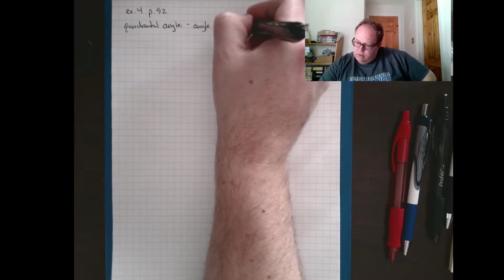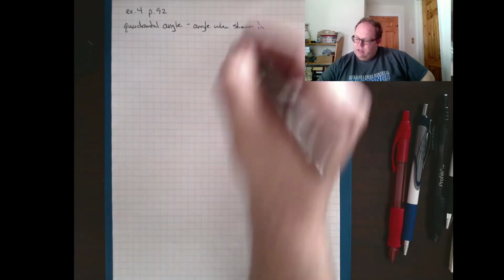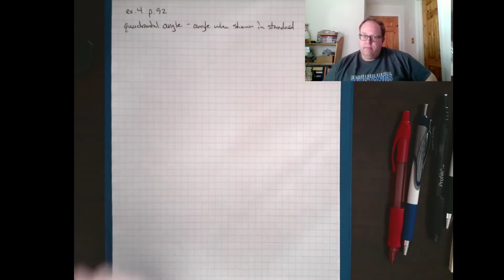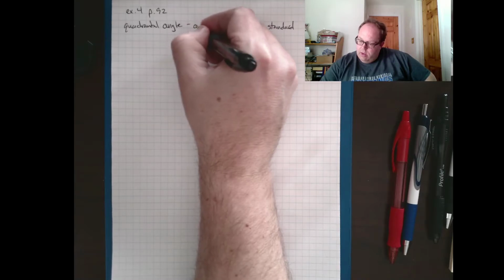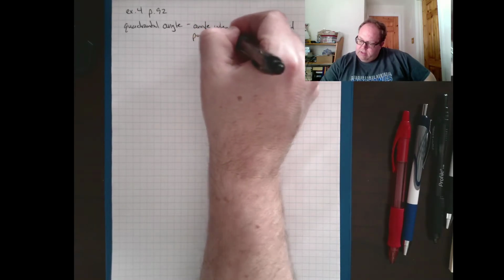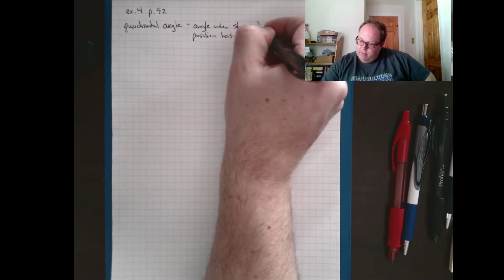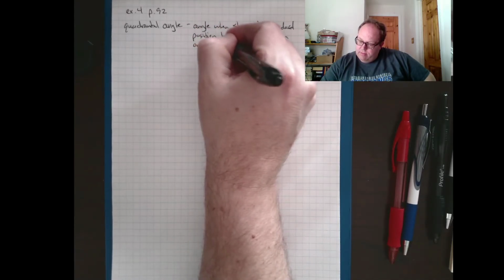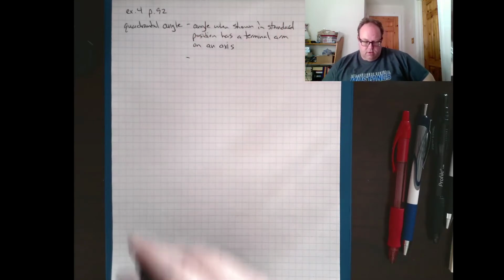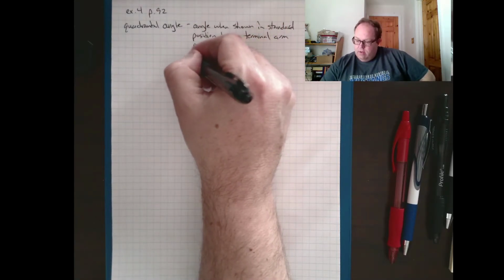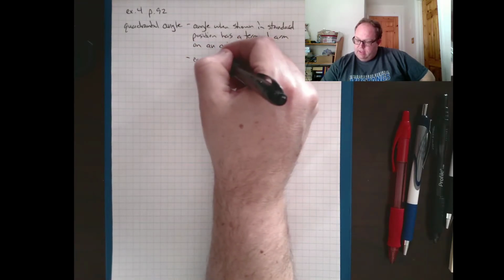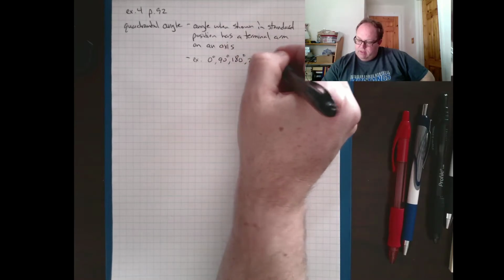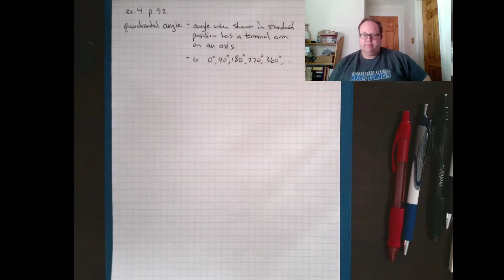An angle, when shown in standard position, has a terminal arm on an axis. Some examples are 0 degrees, 90 degrees, 180 degrees, 270 degrees, 360 degrees, and so on.